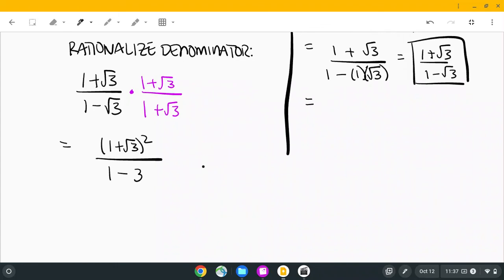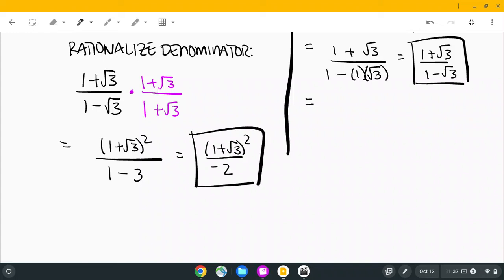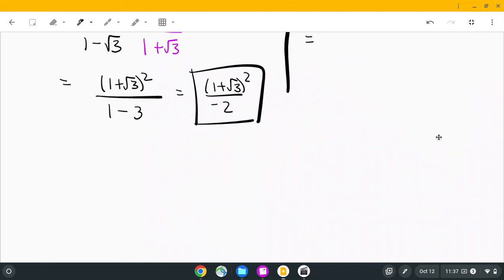Okay, so here, again, not sure where WebAssign will take your final answer. So try this one as well. 1 minus 3 is -2. So see if it will take this. If it still doesn't take that, then we'll need to multiply this one out.